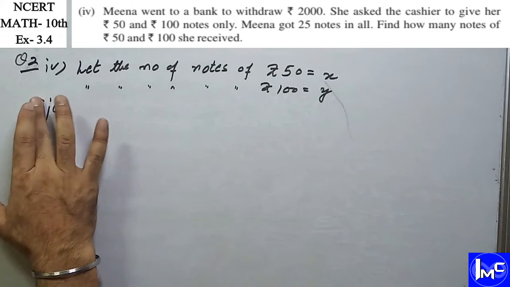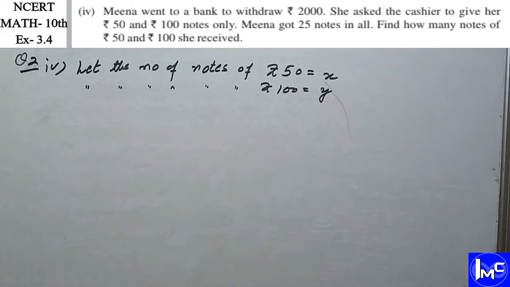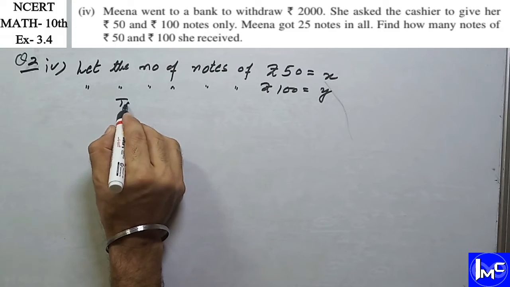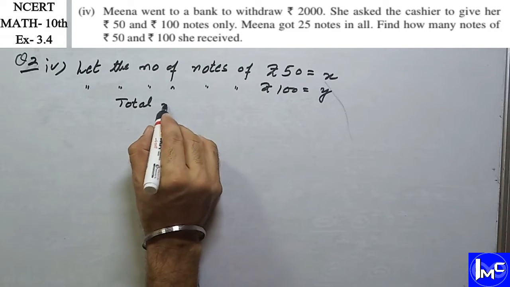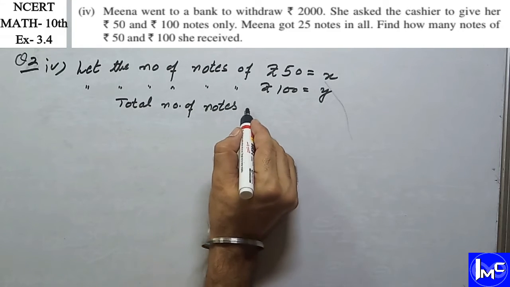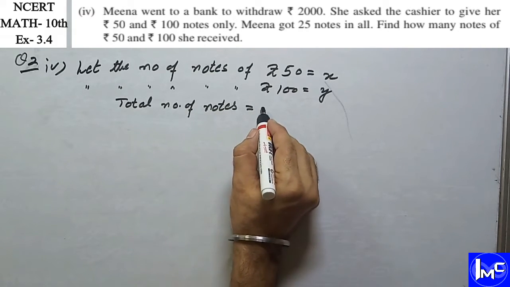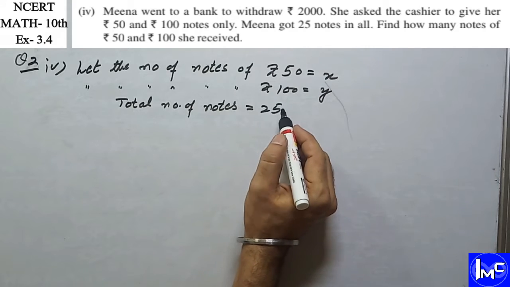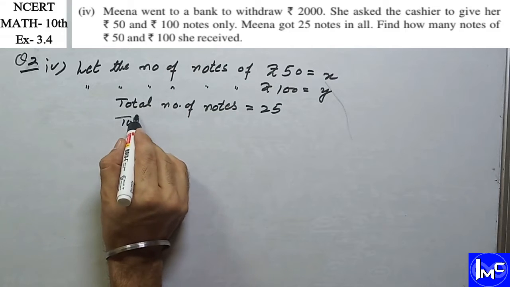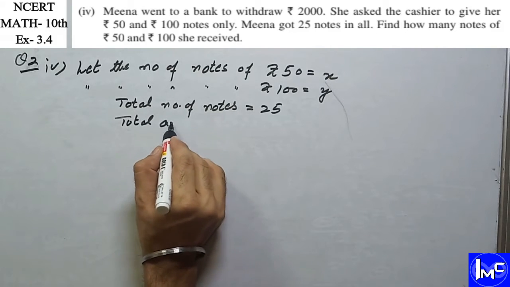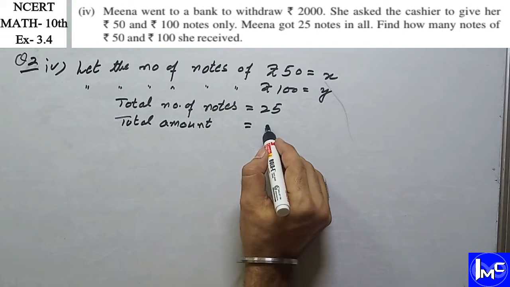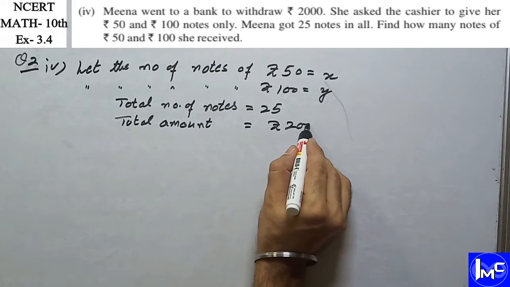First of all, we will write: total number of notes are 25, and total amount from these notes will be rupees 2000.